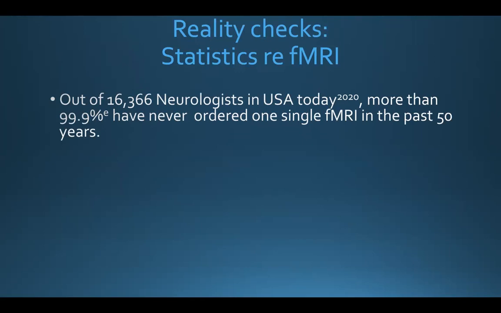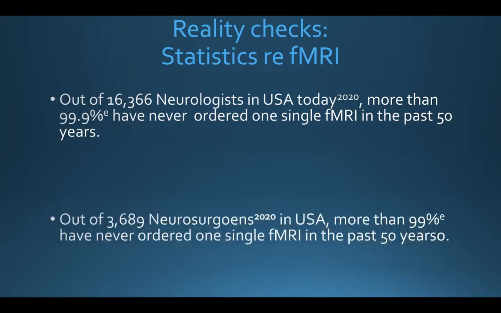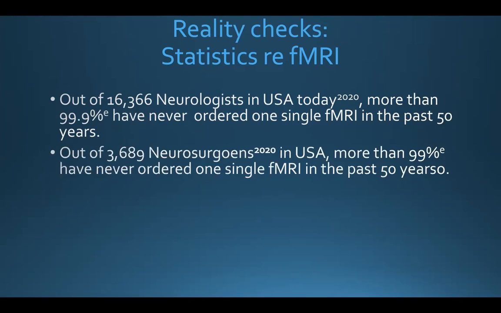I have practiced in the USA and ordered tens of thousands of traditional MRIs. I know thousands of neurologists, and I don't know one single one who has ordered a functional MRI. In the USA, of the 3,689 neurosurgeons, more than 99% have never ordered one single functional MRI in the past 50 years.